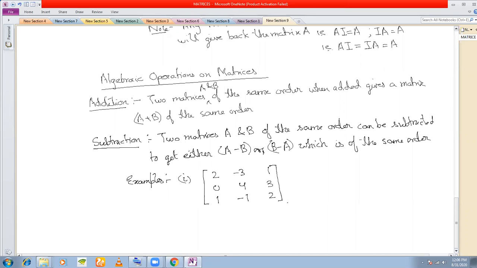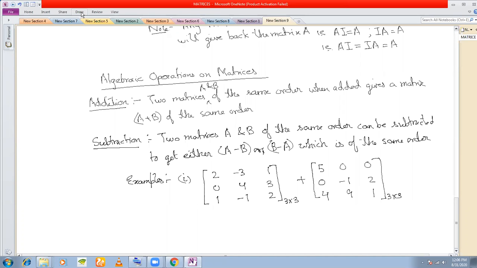Okay. This is a matrix of order 3. I'm adding this to another matrix of order 3. This is again a matrix of order 3.